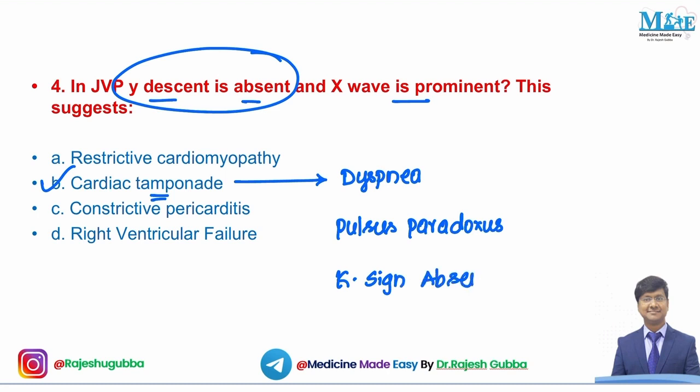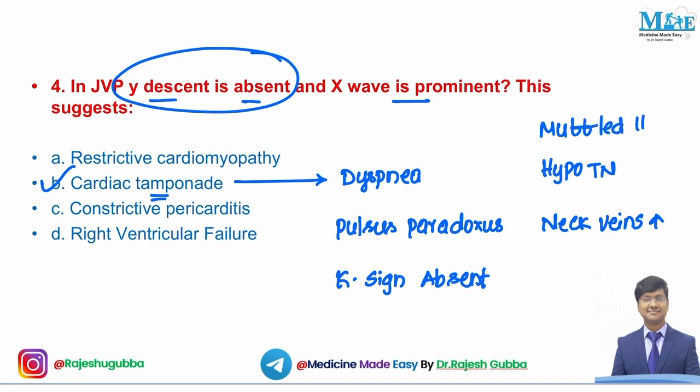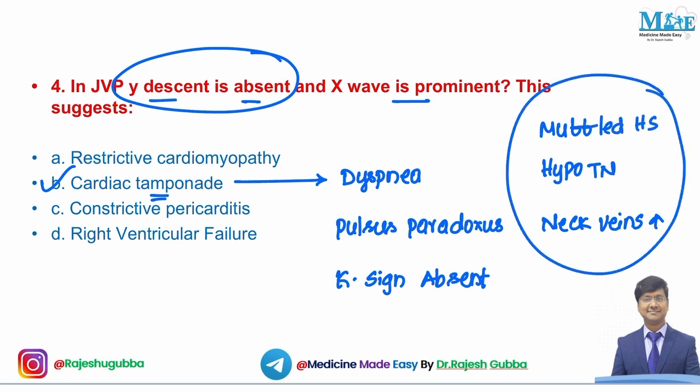These patients will have hypotension, and the neck veins are distended, and the heart sounds will be muffled. So these three together we consider as Beck's triad. Okay, so that is the fourth question.